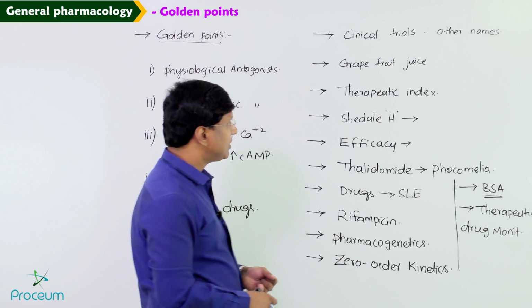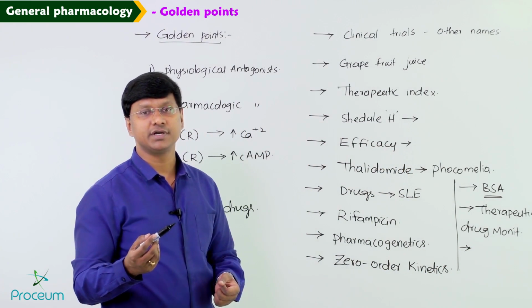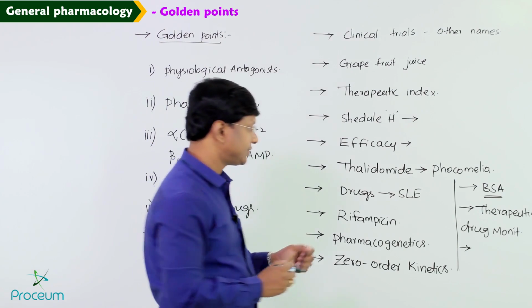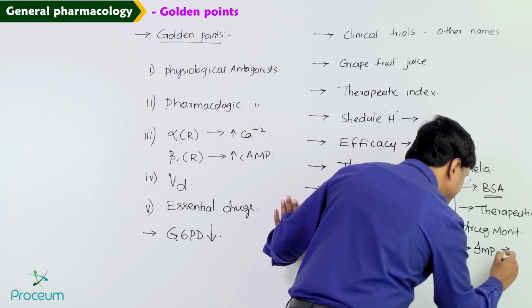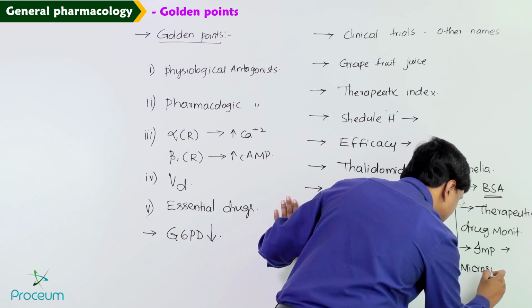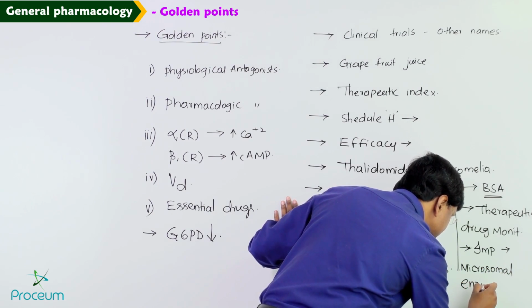Next, now another important golden point is that we have a group of drugs which are microsomal enzyme inhibitors. Let me tell you which are the important microsomal enzyme inhibitors.